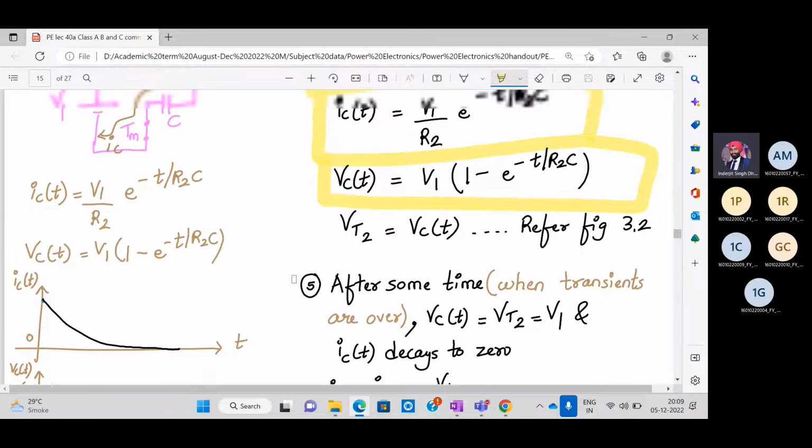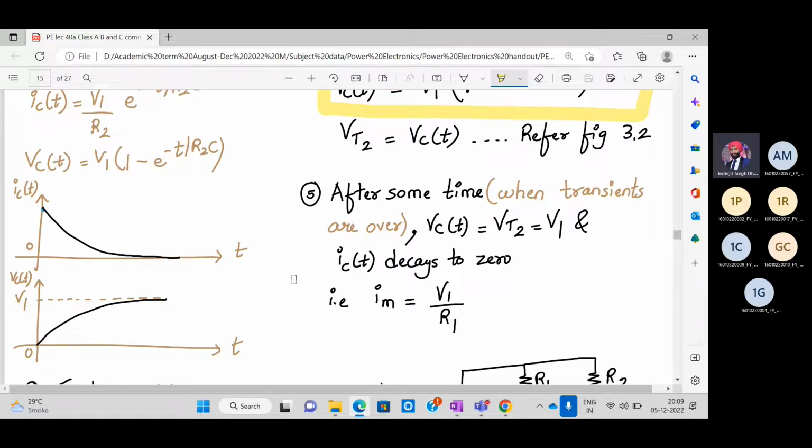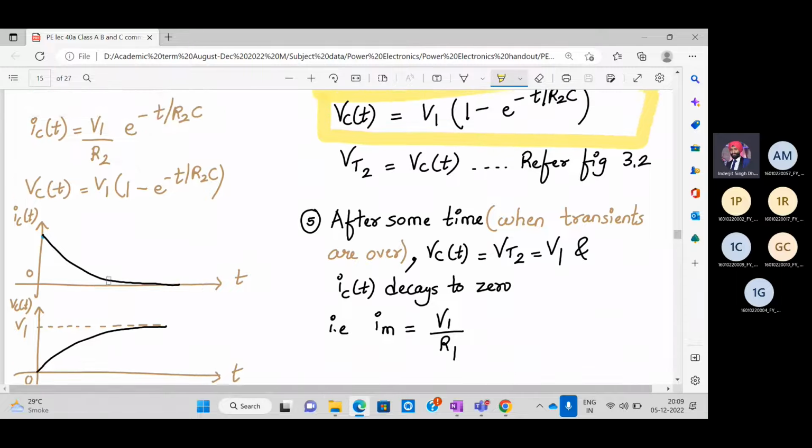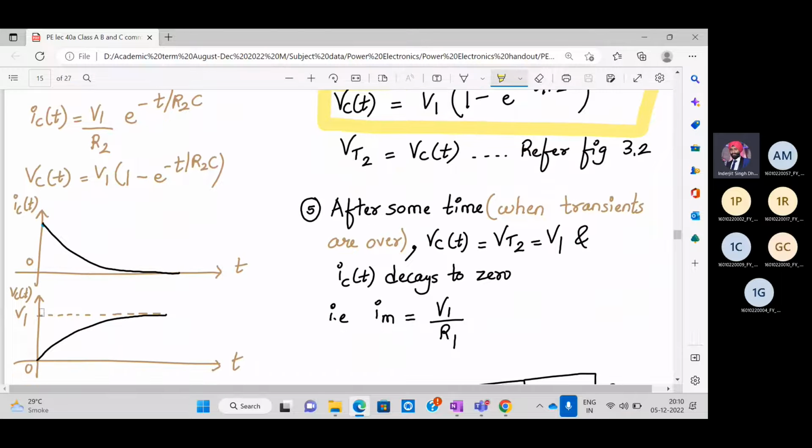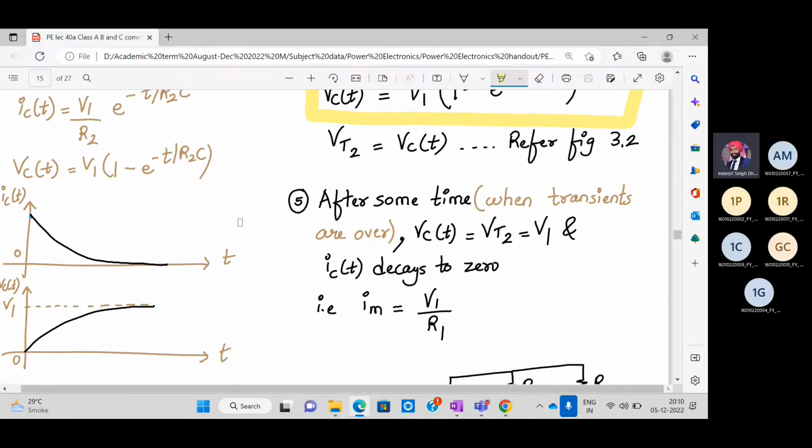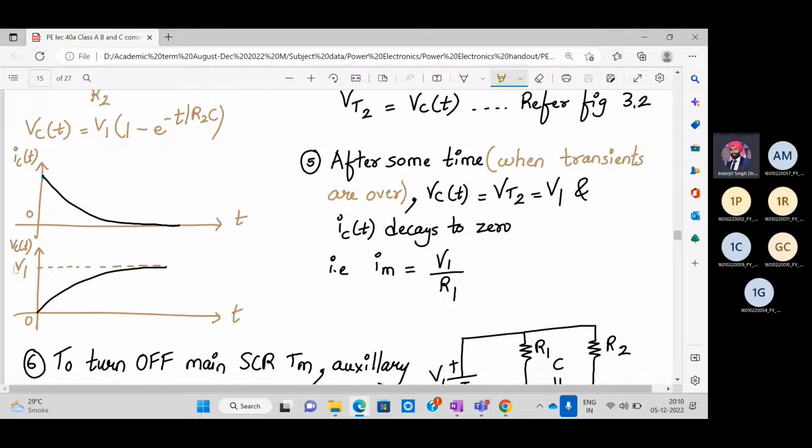Now this is how the current and the voltage waveform will be. The current waveform will be decaying. It starts with a value of V1 upon R2 and it will decay towards 0. Whereas the voltage across the capacitor will be rising, reaching a maximum value of V1, given by this equation. So after some time, these are the transients.